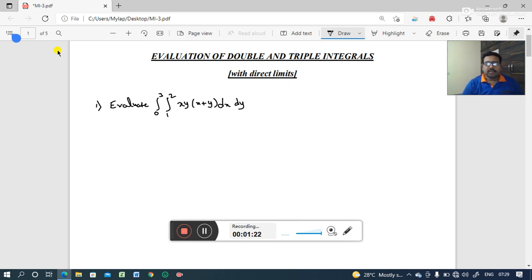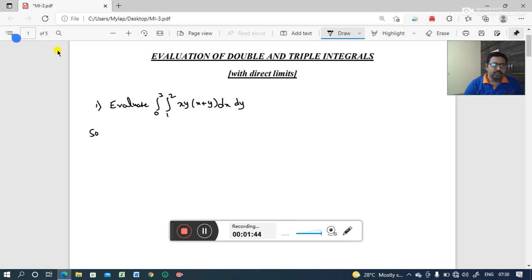Sometimes in the examinations they will ask for 2 marks as well as for 4 marks, 8 marks. So it depends on the length of the problem. If the problem is too long, they may ask directly for 8 marks or 6 marks. So let us learn in detail how to integrate these problems.